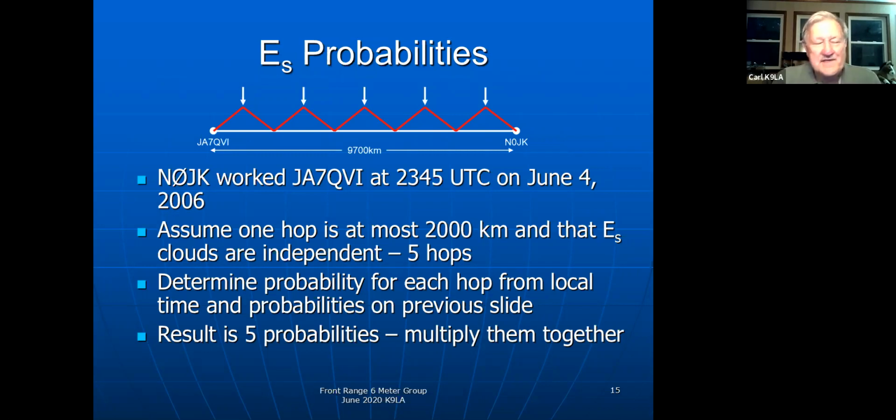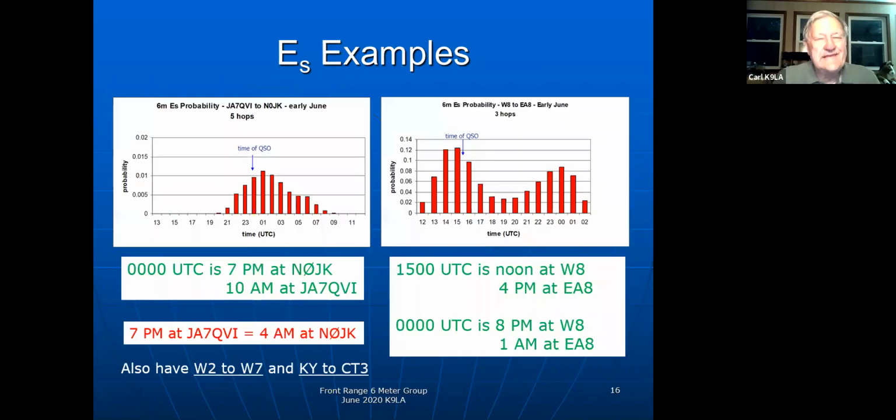So what we can do is determine the probability for each hop from the local time and probabilities on the previous slide. And we end up with 5 probabilities, and we can multiply them together. And when we do, we get the plot on the top left there. That's the probability for JA to N0 in early June.